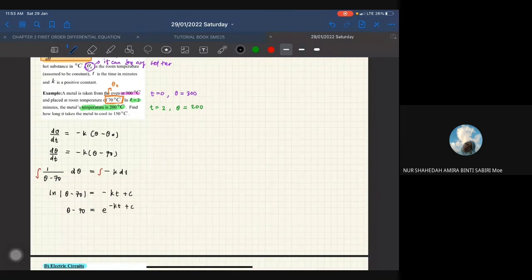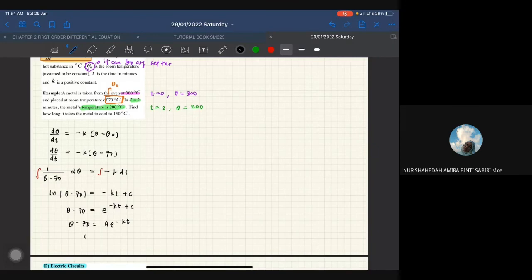Okay, so daripada sini, kalau awak dah familiar, sebenarnya awak boleh terus tukarkan this one jadi e. Okay, so kita gunakan rules of indices and then we let e power of c into another letter. Okay, so kita akan dapat theta minus 70 equal to a e negative kt.